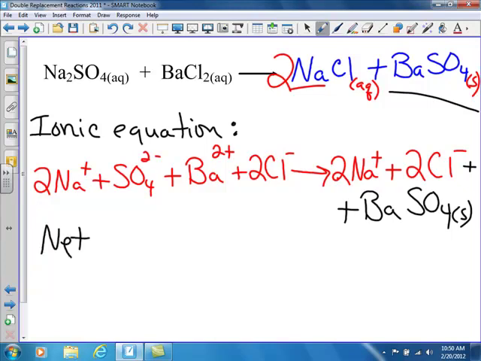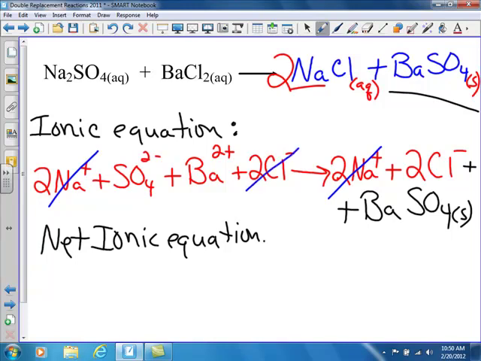Now let's write the net ionic equation. The net ionic equation crosses out all spectator ions. So 2Na and 2Na are spectator ions, so they cross out. Cl and Cl are spectator ions, so they cross out.